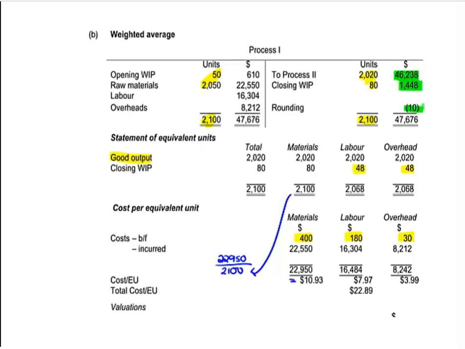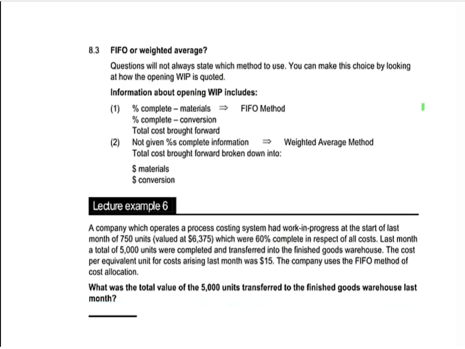So how will we know whether to use the FIFO or weighted average in the question? Well, it doesn't always state the method to use, and as you can see the answers are different, so it does matter which one you choose. The best way to decide which one to use is by looking at how the opening work in progress is quoted.